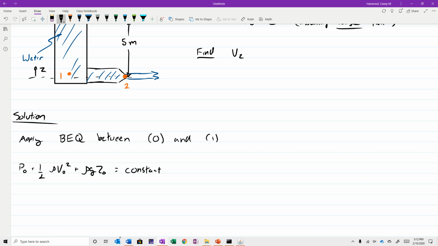But because this constant is the same for both of these points, we can say that's equal then to P1 plus 1/2 rho V1 squared plus rho G Z1. So we can get rid of this constant entirely. We don't care what it is. What we care about is the fact that the sum of these 3 quantities is the same at those 2 points.